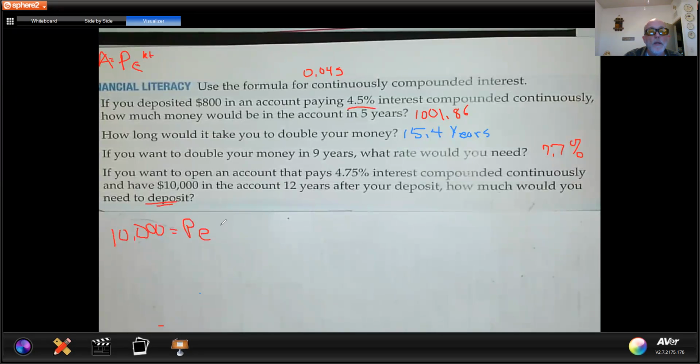And they told me the interest rate, remember you have to move this decimal 2 times, so that's 0.0475. And they told you it was 12 years. So that is times 12.